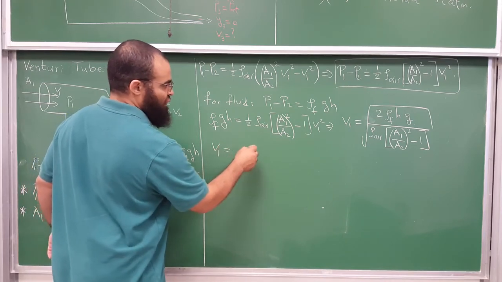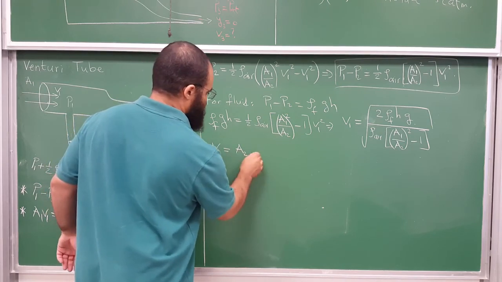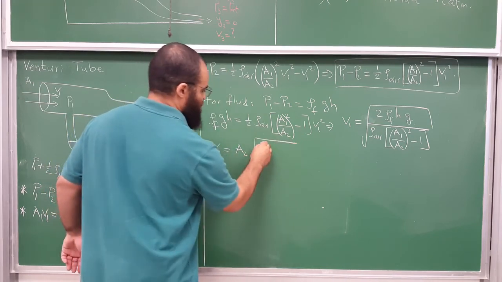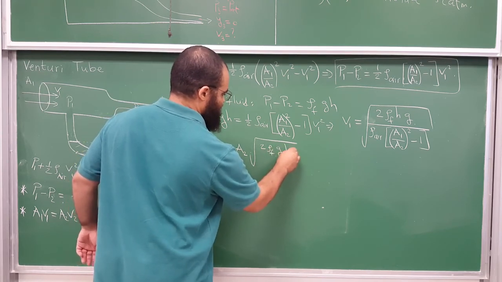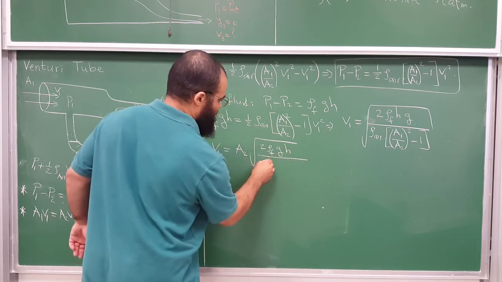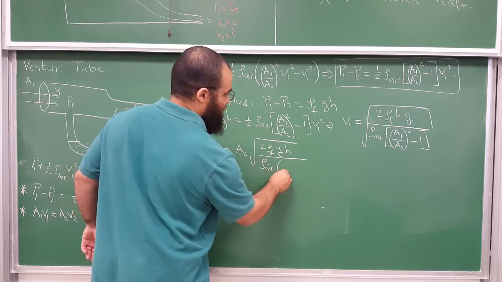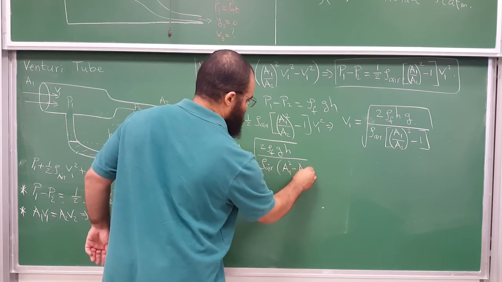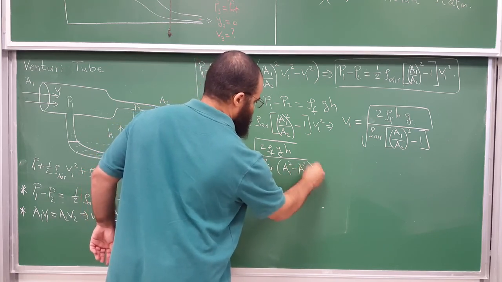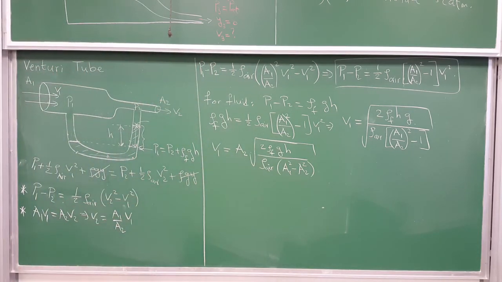V1 will be A2 times the square root of 2 rho fluid g h divided by rho of the air, times A1 squared minus A2 squared, like so. Hopefully now it looks correct.